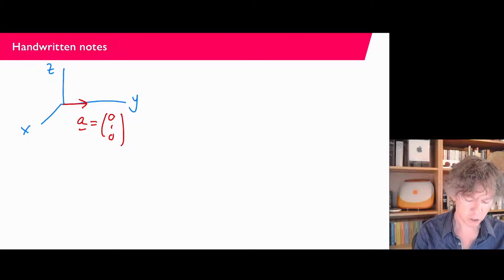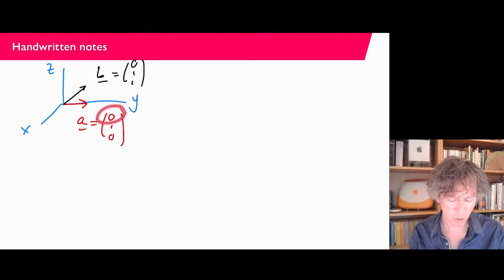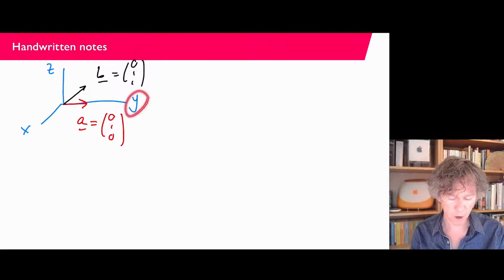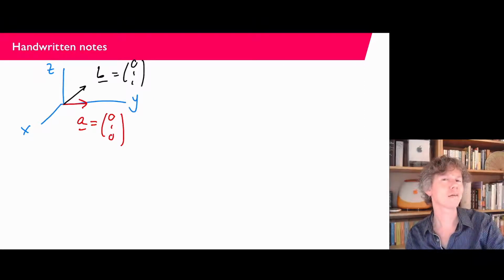I'm picking a second vector B, which is going to be 0, 1, 1. As you can see, I'm cheating a little bit, in the sense that I pick an example where the x component is 0 for both of these vectors, which means they're in the yz plane. So basically my paper is the yz plane.